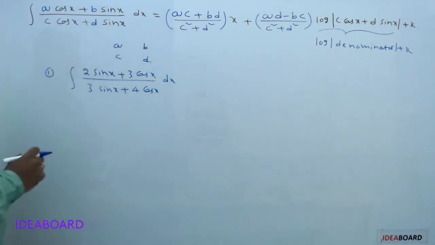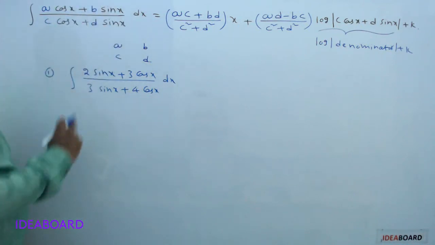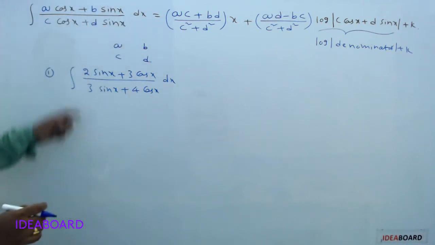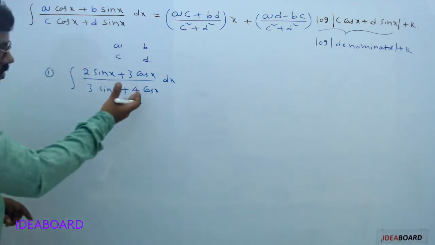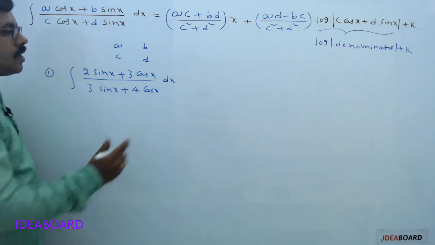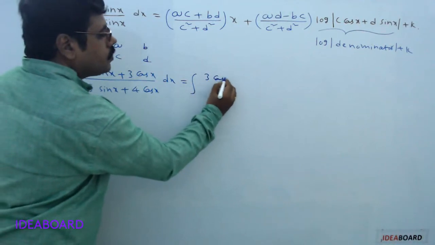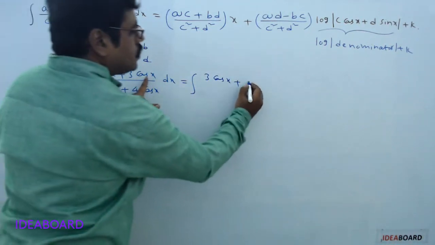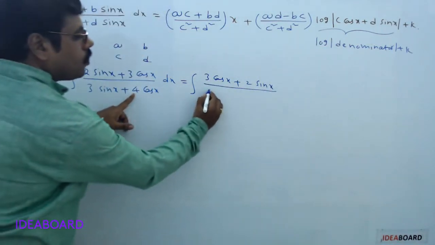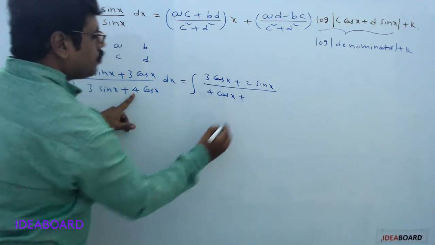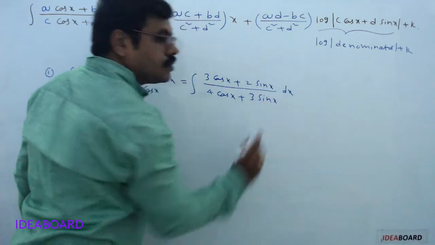In our standard form, in the numerator first the cos function will be given, then the sin function. In the denominator also, first the cos function, then the sin function. So first rearrange the terms. This is the integral of (3 cos x + 2 sin x) divided by (4 cos x + 3 sin x) dx.